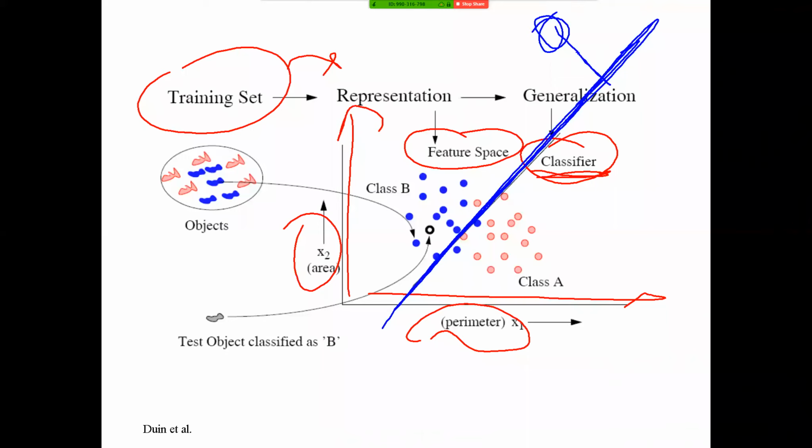Once we develop this model from our training set, we will then have a test object, a test sample that we will test our model with. And the test object is generally something that we left out from the training set, whose class label is known, but we did not show it to the model. Okay?